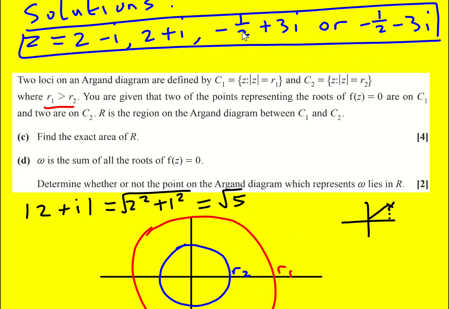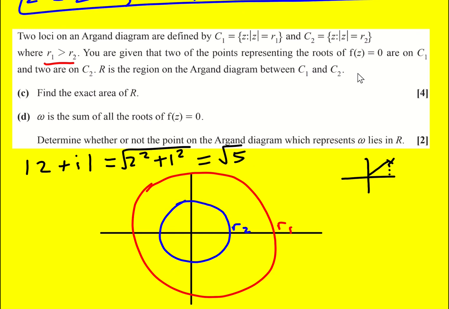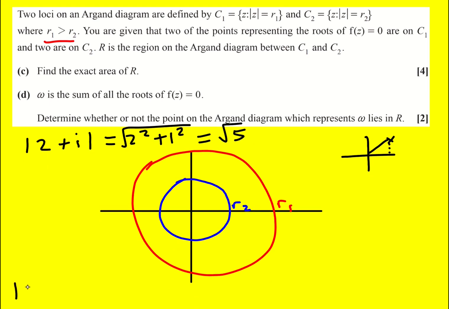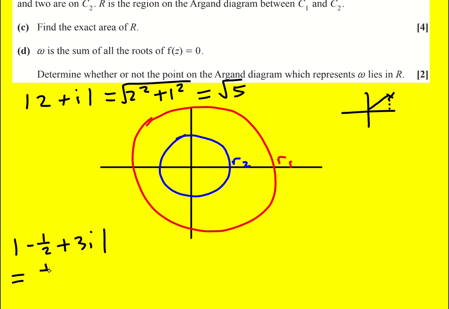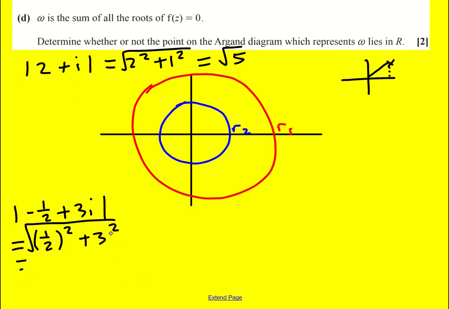We've got, let's go with minus a half plus 3i. In a similar way, that's going to be a half squared plus 3 squared, square rooted, which is going to be the square root of 9 1/4, because I've got 9 and a quarter. Or as an improper fraction, 9 times 4 is 36, so it's going to be 37/4, all square rooted.